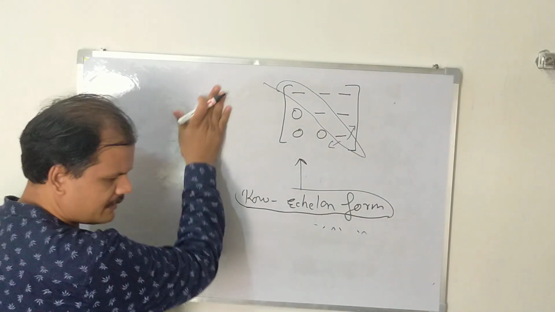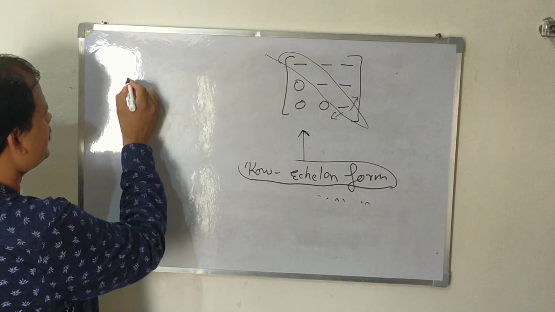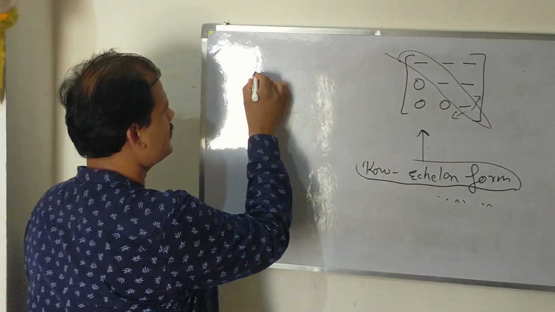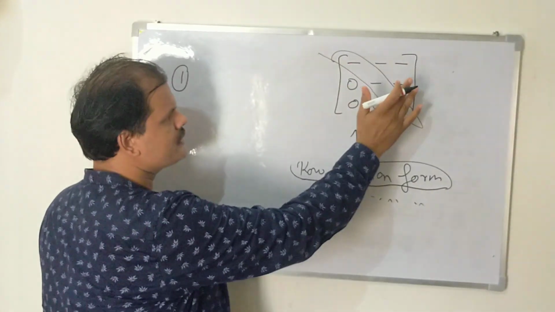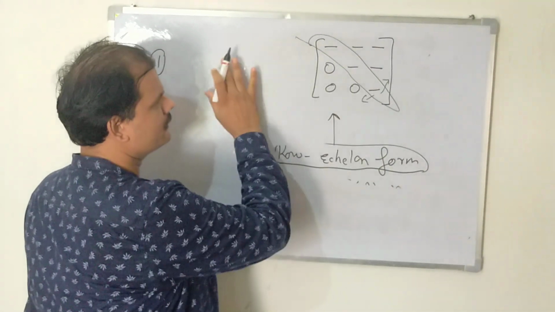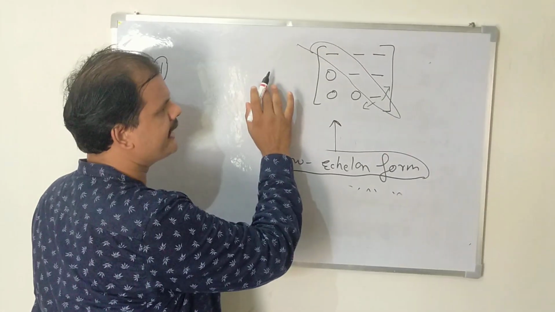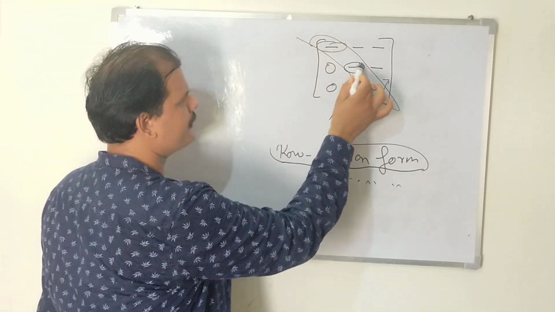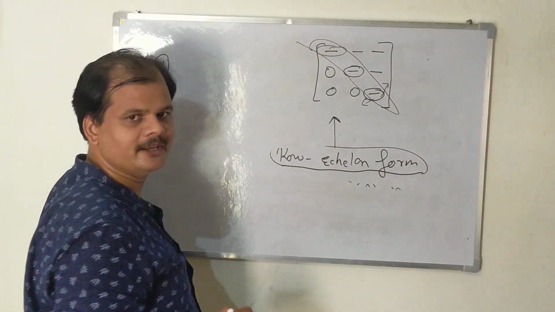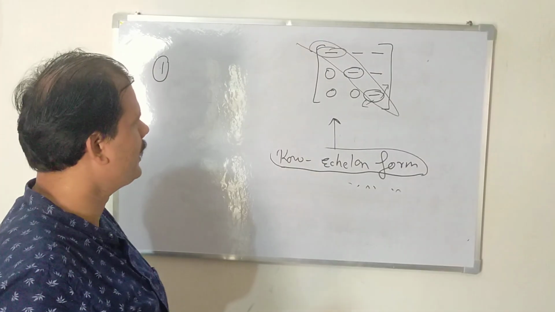So the definition for row echelon form: the first non-zero entry in each row is 1. That is called the leading element. The first non-zero entry of each row is the leading element. That is the 1.